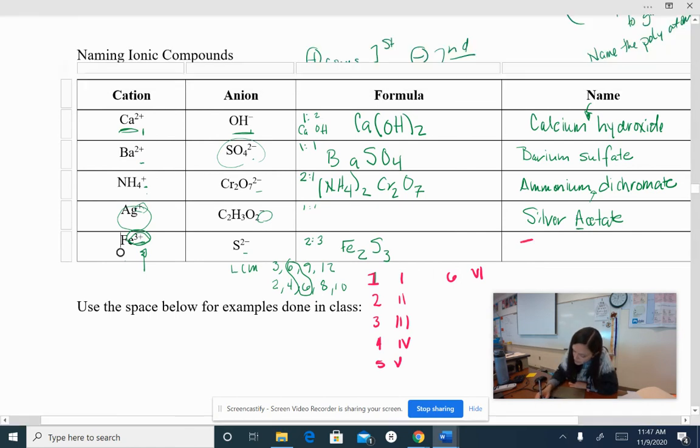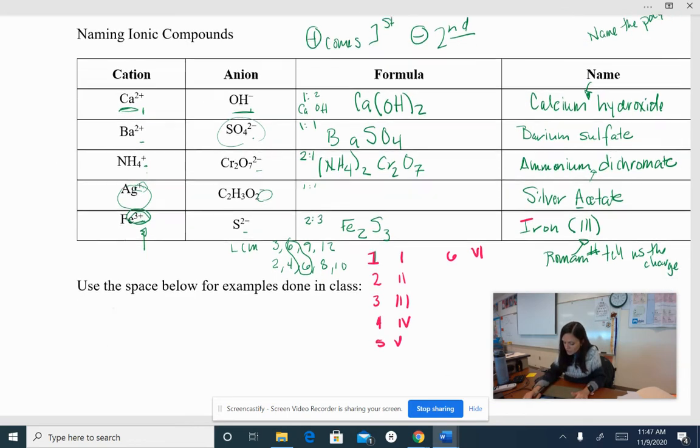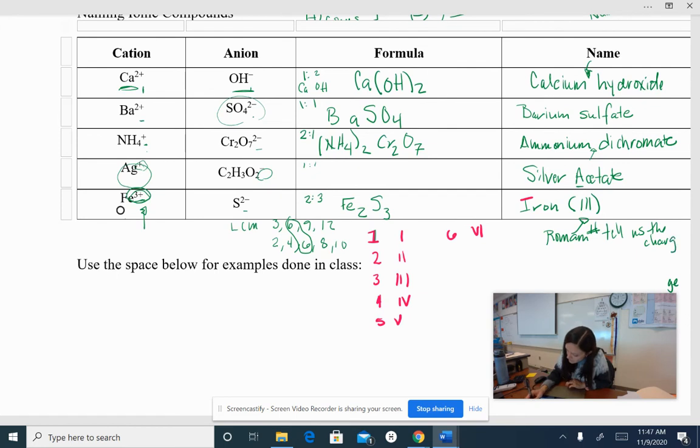So we would call this iron. And we're going to put the Roman numerals in parentheses. So the Roman numerals tell us the charge of the metal.